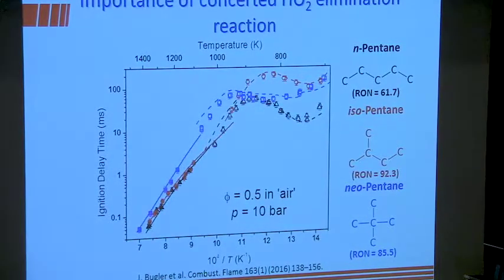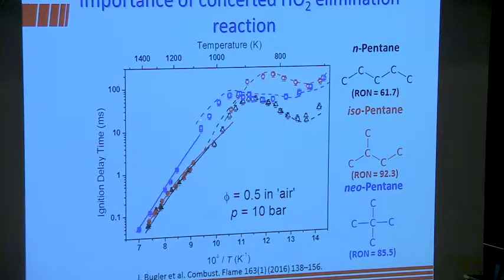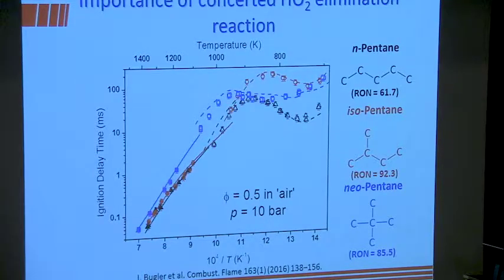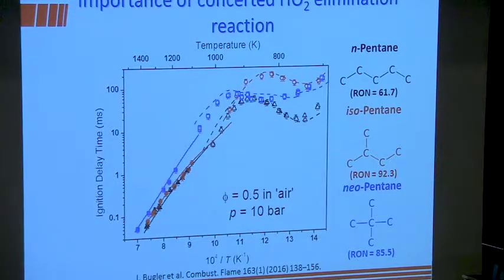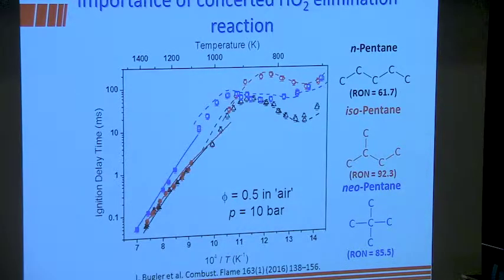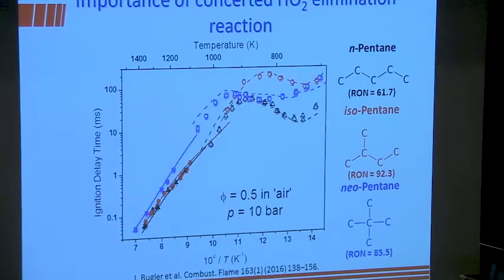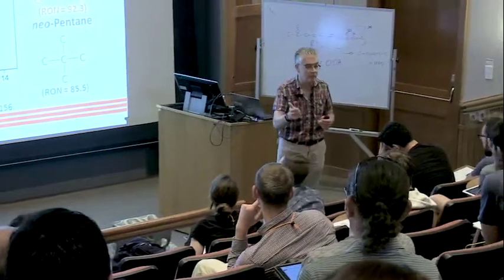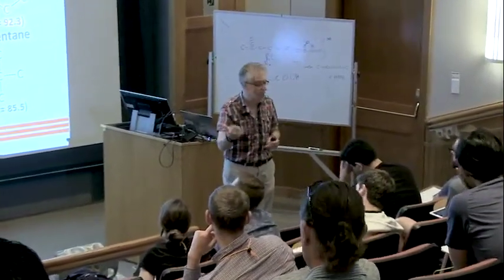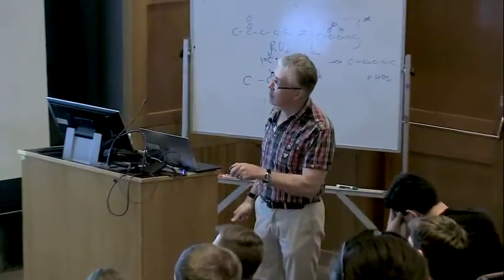Why? Okay, because we're not getting RO2 giving us olefin plus HO2. And what did I say about HO2 in intermediate temperature chemistry? It abstracts a hydrogen atom from a stable molecule, giving you H2O2, which gives you two OH radicals. Okay? So if you get HO2 formed at intermediate temperatures, you get chain branching. And that leads to higher reactivity.